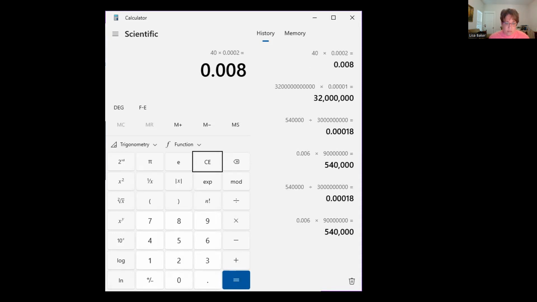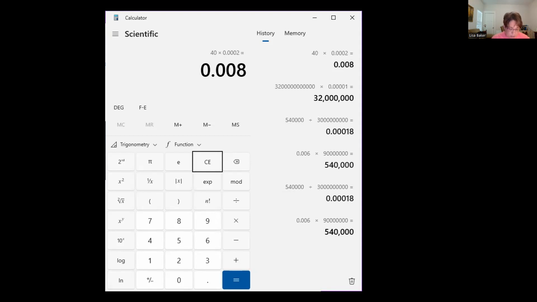Okay, so you got that written down? So that's our denominator.